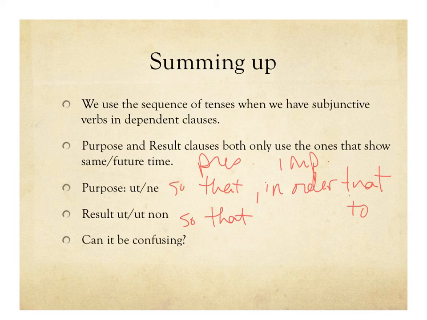And they follow ut or ut non in the negative, with, again, following sequence of tenses where we have the present or the imperfect. Can purpose and result clauses be confusing? Sure, sometimes, but often it'll be really clear, and especially if you have a word like tam, ita, adeo, sic, tantus, totiens, tot, that is going to be a tip-off that you almost definitely for sure have a result clause.